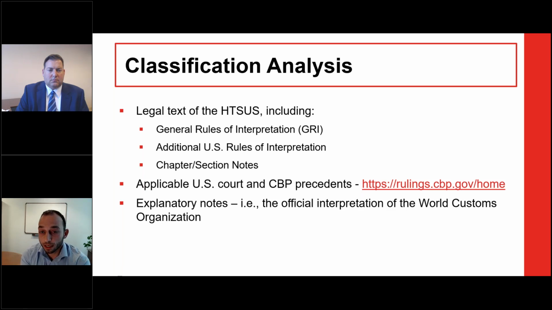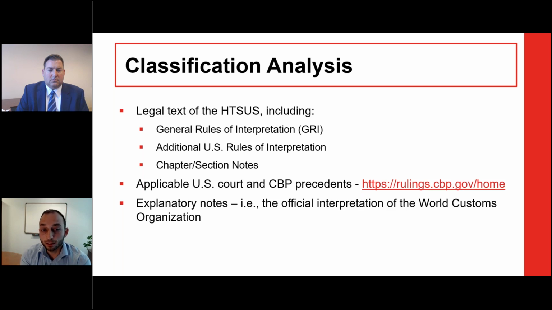CBP has a website that shows all the rulings it has issued, and they provide very helpful guidance for how to classify products that are essentially similar to what you're importing.